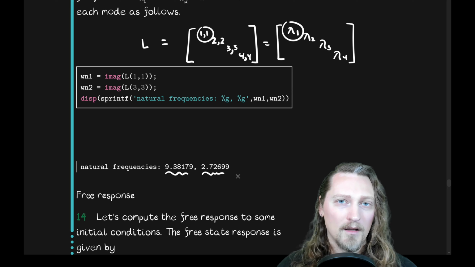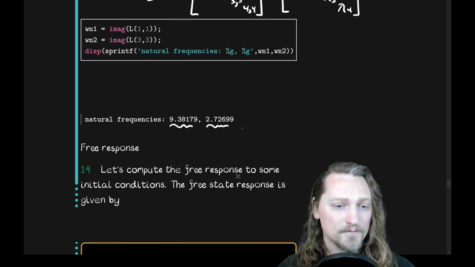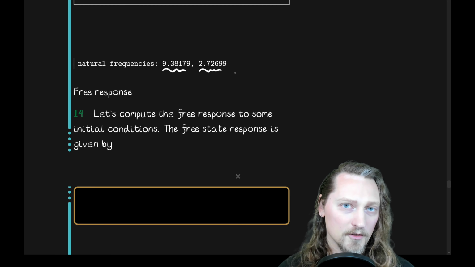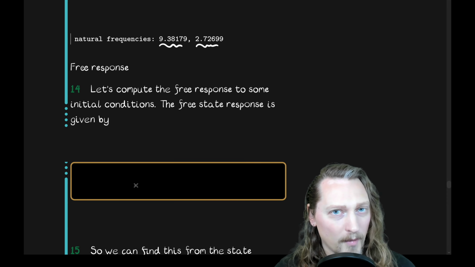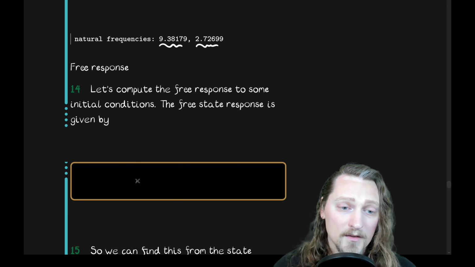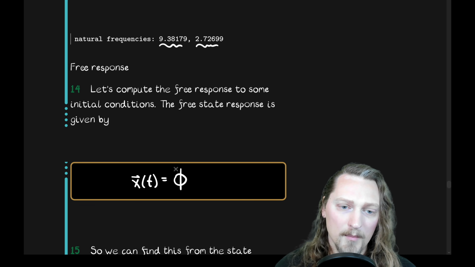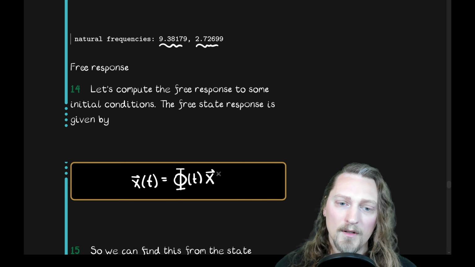All right, now let's look at the free response. Let's compute the free response to some initial conditions. The free state response is given by x of t equals the state transition matrix, capital Phi of t, times the initial state vector.